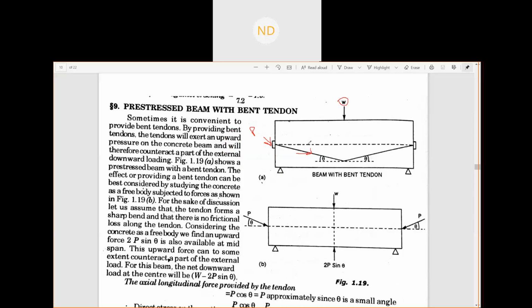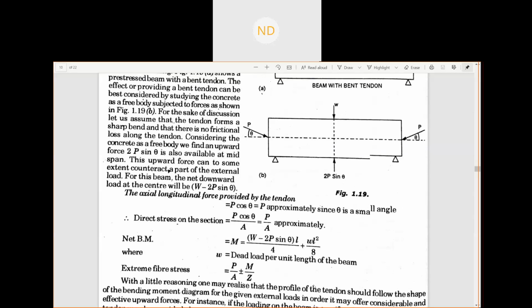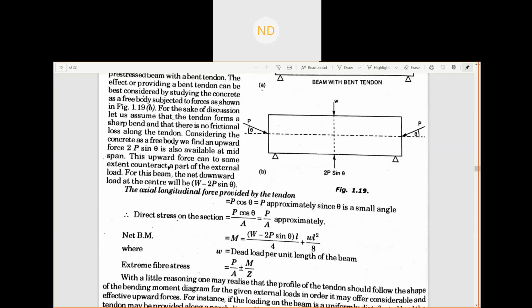The longitudinal axial force provided is P cos theta, which we can consider to be P because theta is a very small angle.